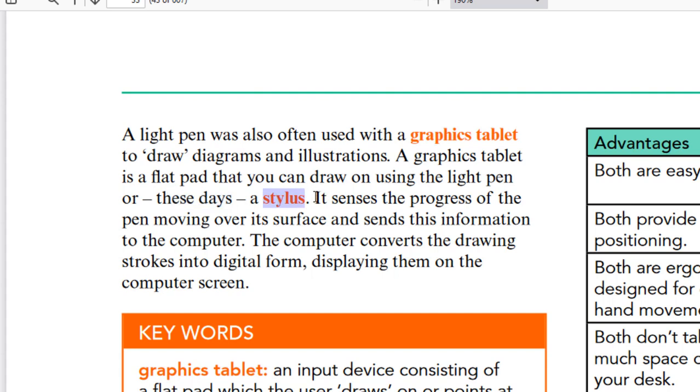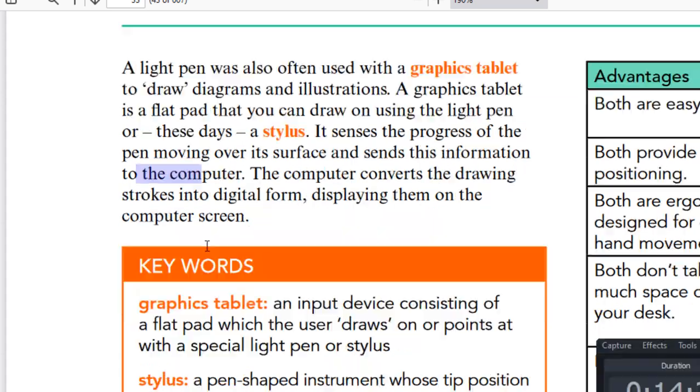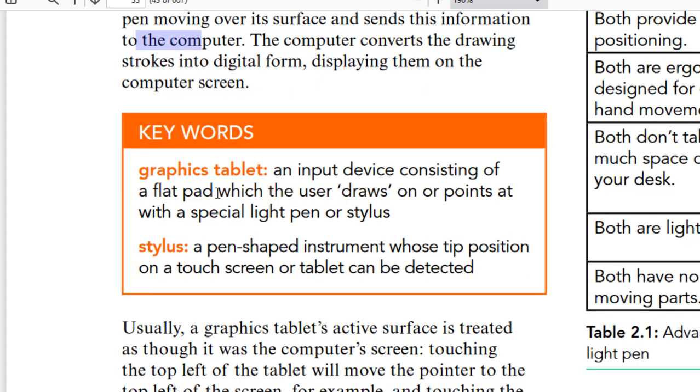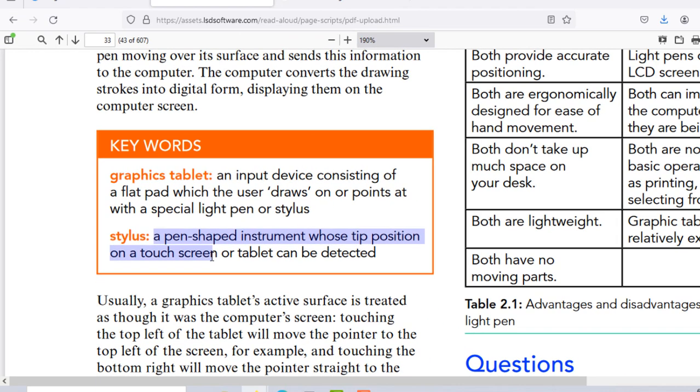It senses the progress of the pen moving over its surface and sends this information to the computer. Now this book is trying to tell us that there's a light pen and there's a stylus. A stylus is a pen-shaped instrument whose tip position on a screen, on a touchscreen or tablet, can be detected.